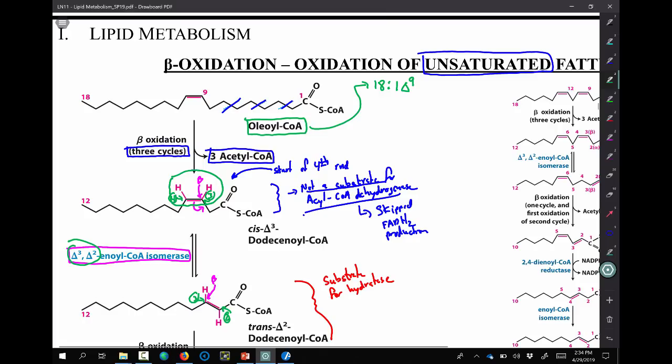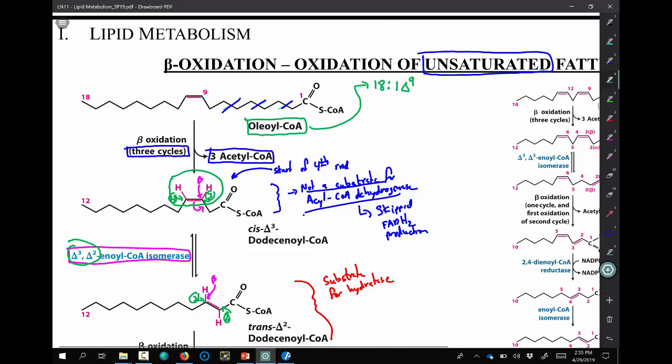Okay. Yeah? What if you end up with a double bond one carbon over, so then you can't just move it from cis to trans? Okay, so the question is, what if you have a cis 2,3 double bond? I don't think you could metabolize it. I think the metabolism would stop right there. There's not an enzyme, I don't believe, and this is in my lack of omniscience, that could isomerize that to a trans double bond.